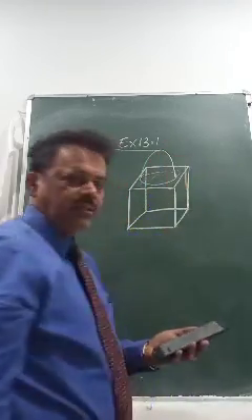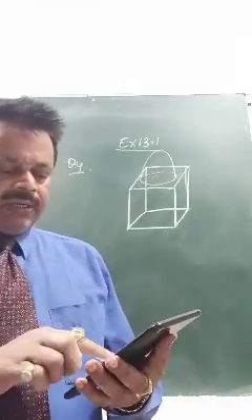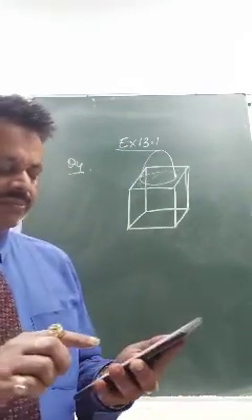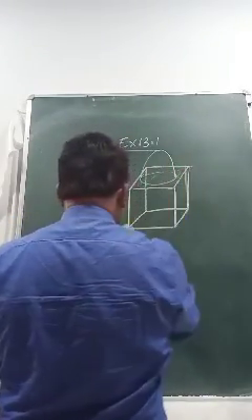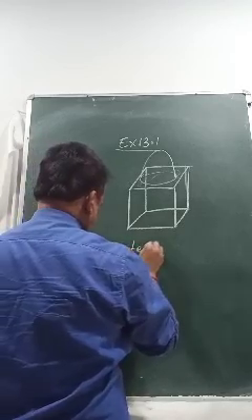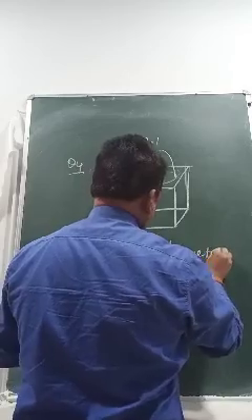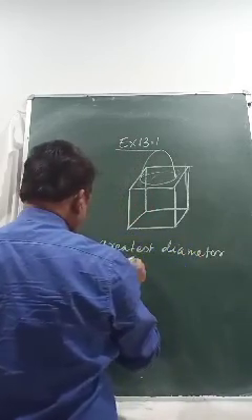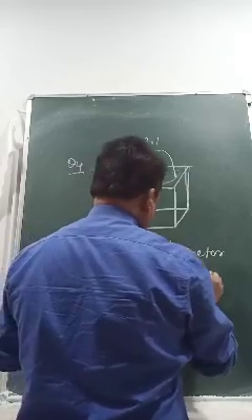This was the situation actually. So the question is, what is the greatest diameter of the hemisphere? The greatest diameter will be the side of the face, which is equal to the side, 7 centimeter.